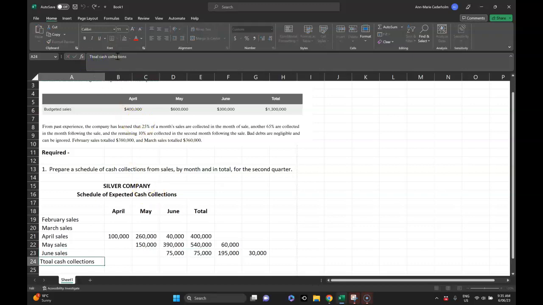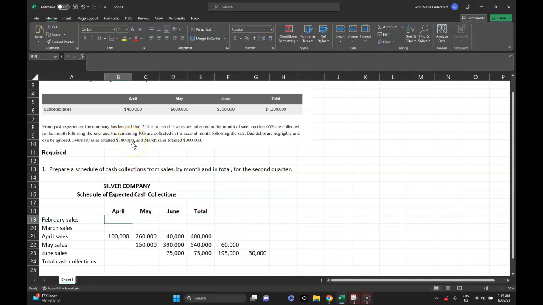So before I finish, I actually have to go back to February and March because I'm going to have the same problem that I just had here, is that part of February and part of March sales are going to be collected in this quarter. So let's go back to February, and the sales totaled 380 in February.